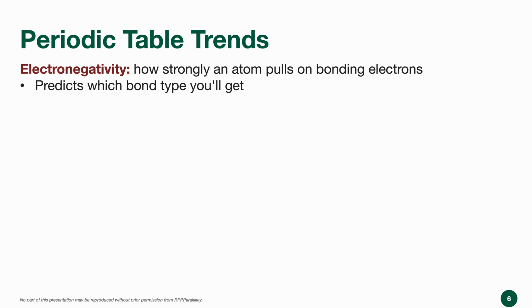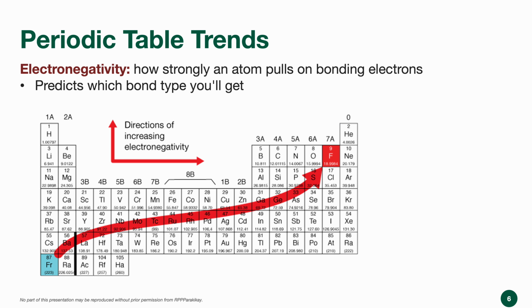Recall that electronegativity is defined as an atom's relative tendency to attract shared electrons within a bond. If we look at the periodic table, the trend is that electronegativity increases across a period from left to right, and it decreases down a group.